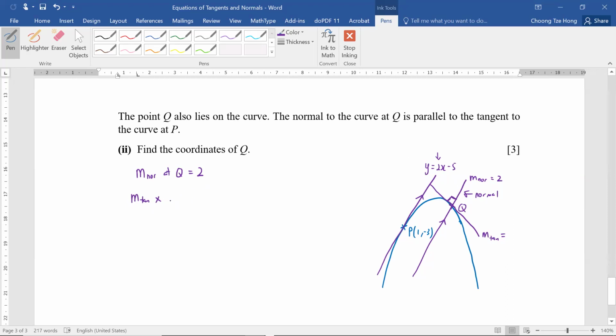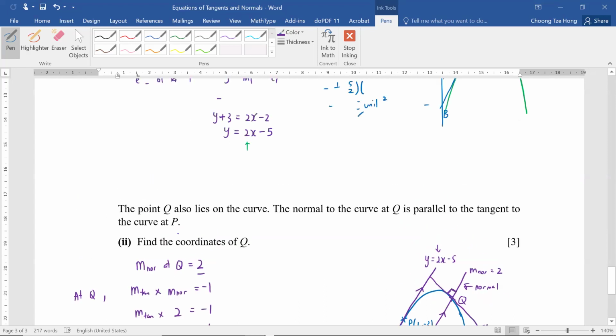So the gradient of the tangent at Q times the gradient of the normal gives us -1. The gradient of the normal is 2, so multiplying to get -1, the gradient of the tangent would be -half. So dy dx will be equal to -half.